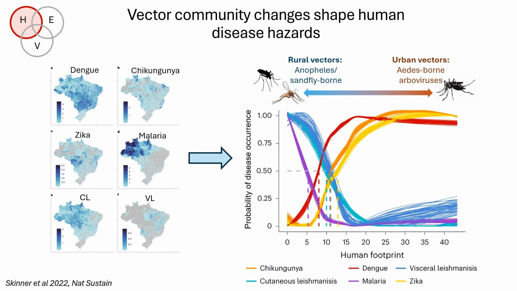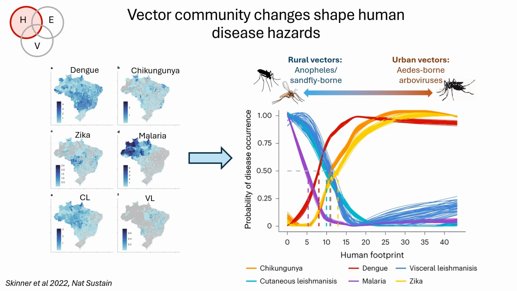And there was a really nice demonstrative study a couple of years ago, using some disease surveillance in Brazil, showing that as you move along this gradient of disturbance, so the human footprint on this graph here, from 0, which reflects very rural and undisturbed areas, up to 40, which represents highly urbanized areas, you see a shift in the assemblage of diseases.